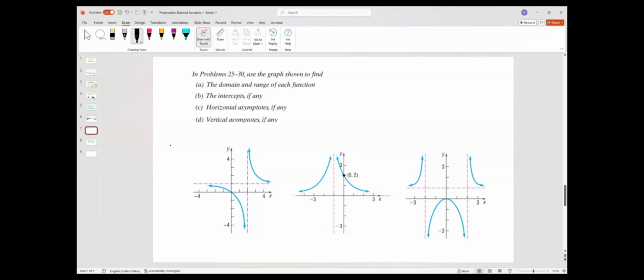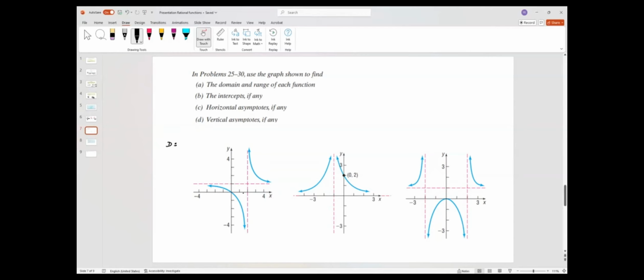So in the first case, domain. I will use interval notation. So you see how you have 2 branches in your graph, and there is an asymptote. It's evident due to the behavior of the graph near the line x equals 2.